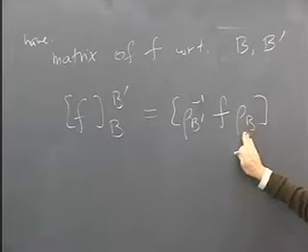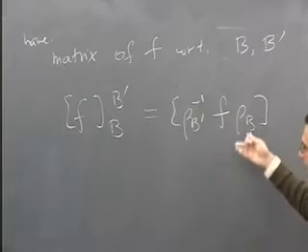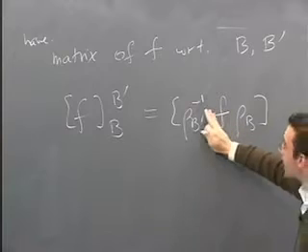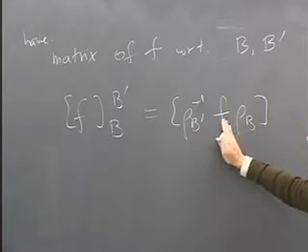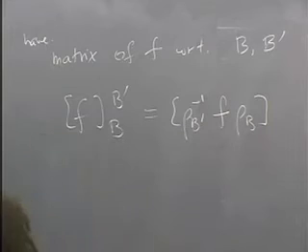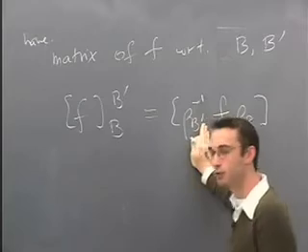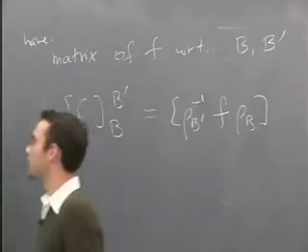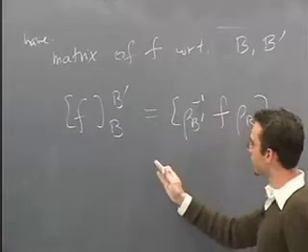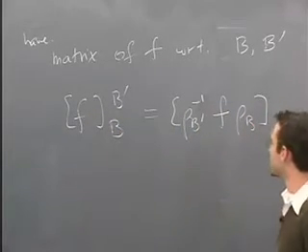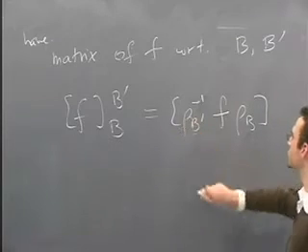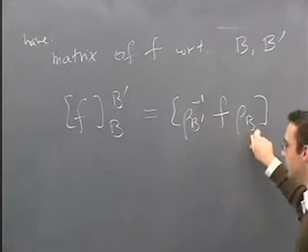Well, we defined rho B so that it takes this standard vector space, these things of the form Fn, to the vector space we're working in. Then F takes the vector space we're working in, V, to something in the vector space V prime. Then rho B prime translates back out of the abstract language of these vector spaces and gives you something in this canonical vector space Fm using this basis B prime. So it's the matrix of F with respect to B and B prime.